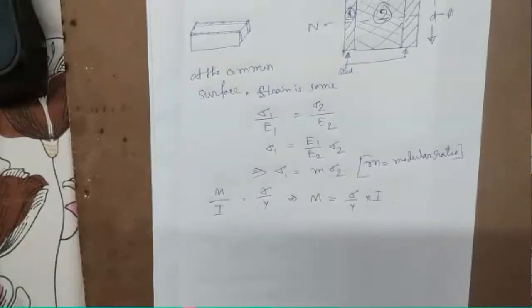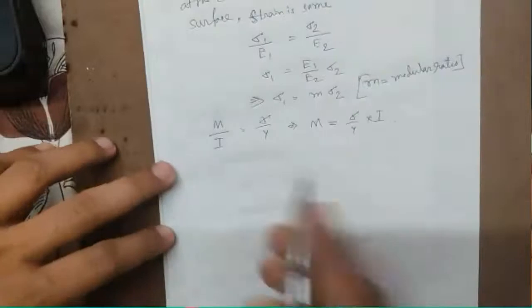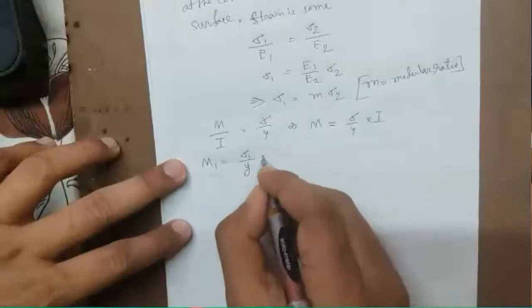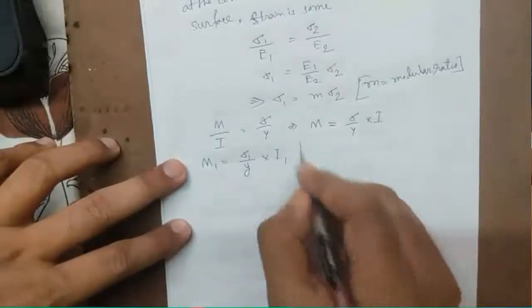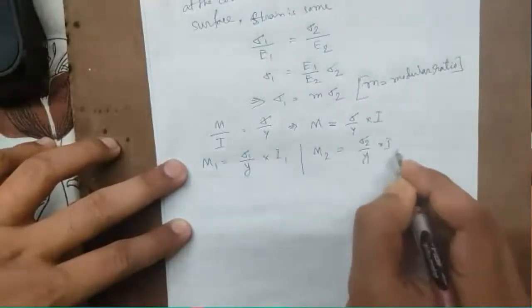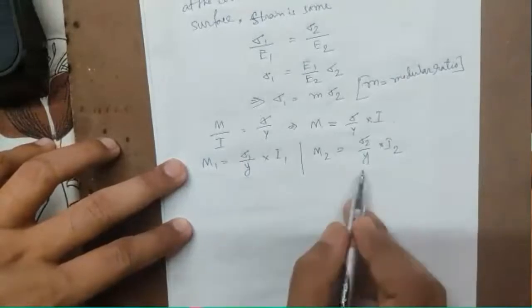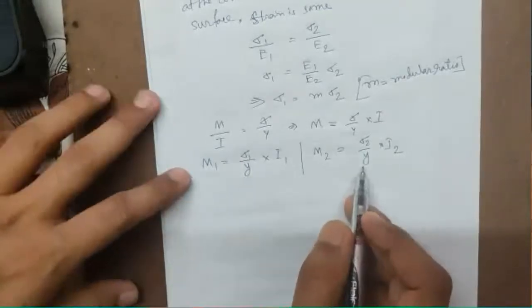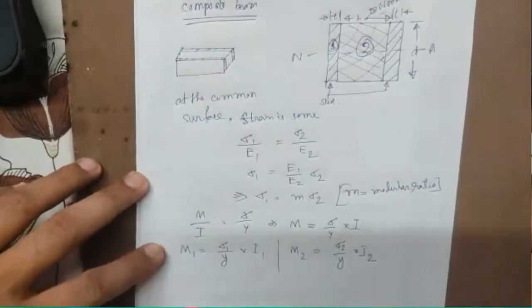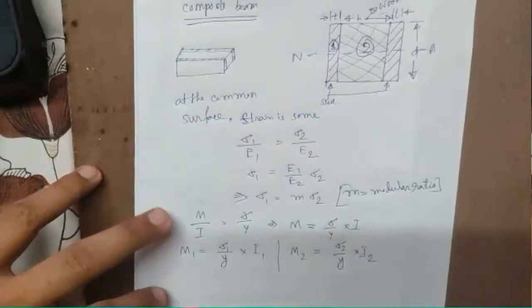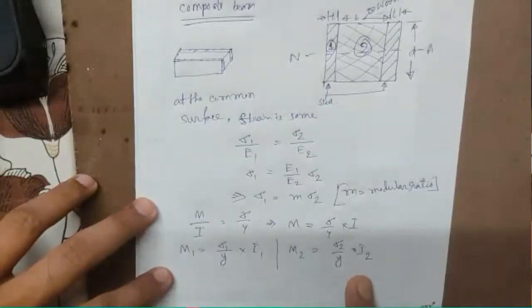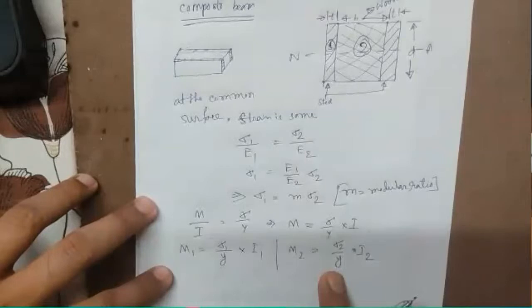Now for both the materials we can write M1 is equal to sigma 1 by y into I1, and for the other material we can write M2 is equal to sigma 2 by y into I2. So we are not changing y because we know the y value is d by 2, from this diagram we can understand. So that's why we are not changing it. Here also y, here also y.